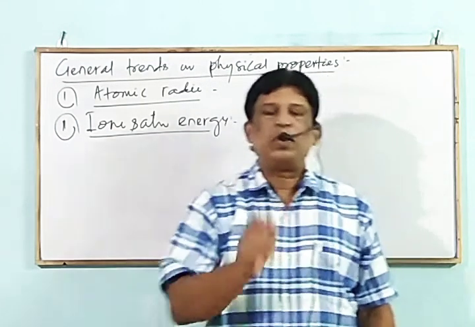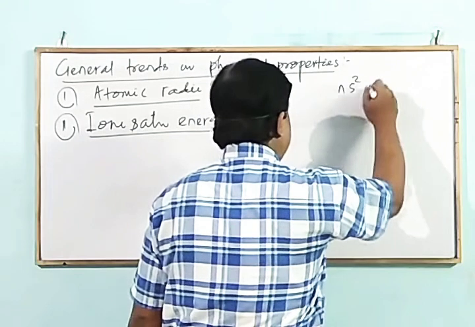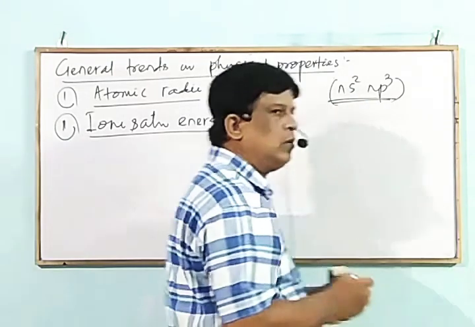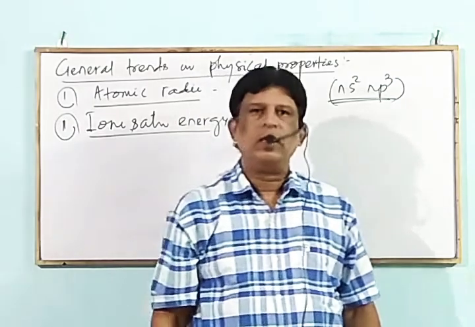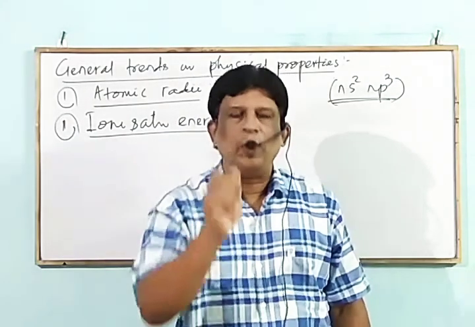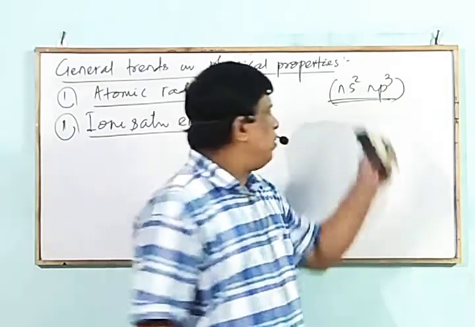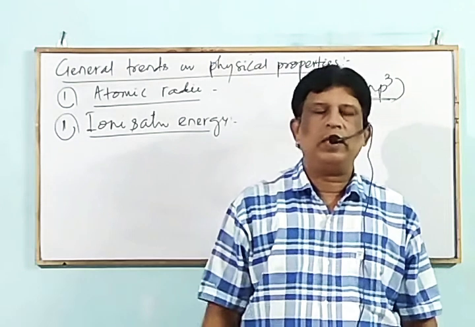So, due to the stable configuration, mark that, I repeat again, that is ns2 np3, just half filled, we know in class 11 in atomic structure, that half filled and full filled orbitals are found to be extra stable. So due to half filled p orbital, they possess higher stability.